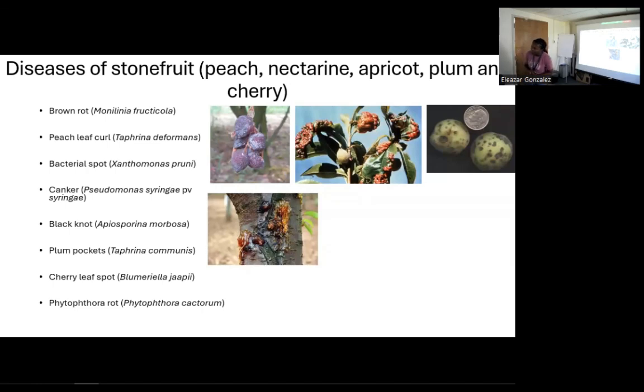How do you give a tree an antibiotic? Do you give it a shot? Yes, in some states where fire blight was a really big issue, they do injections.